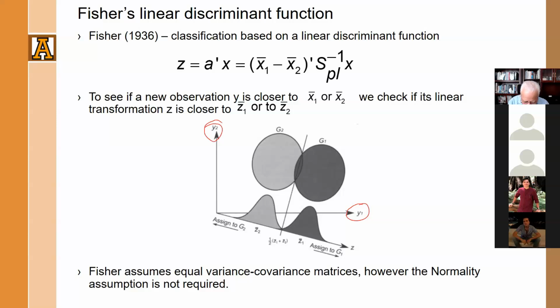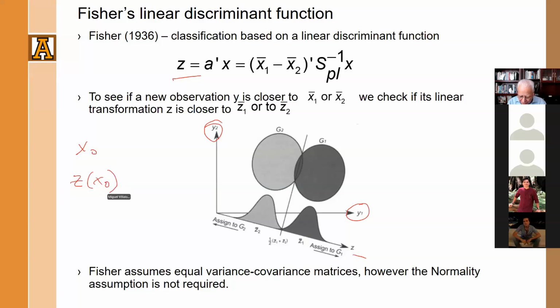Now, with my transformation, I'm doing a rotation so that when I project these populations, these samples, onto the new axis, which is my new axis, Z, I get a good separation between the two groups. And then my decision rule will be to assign, once a new observation comes in, I compute Z. So let's suppose that I have a new observation x null. Okay, so I compute Z of x null.